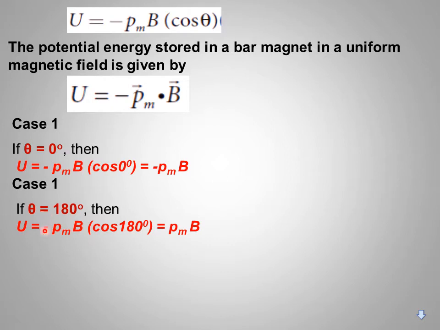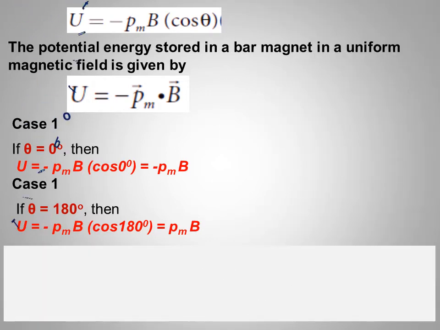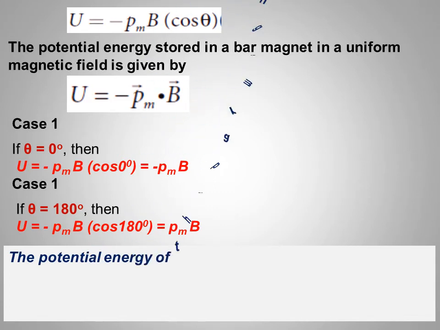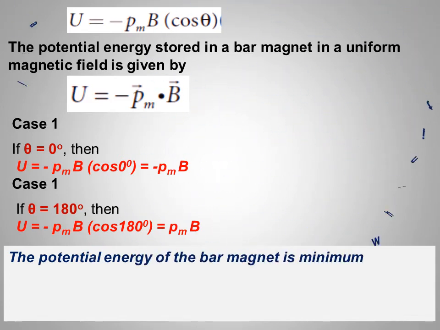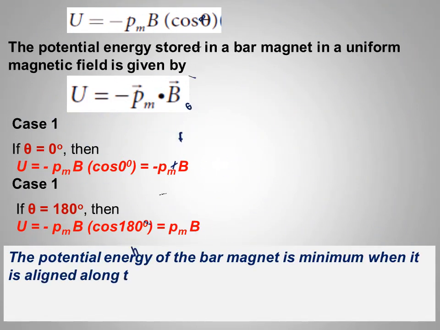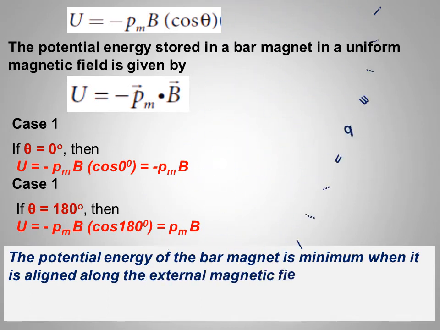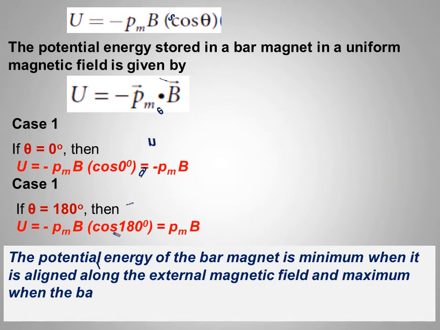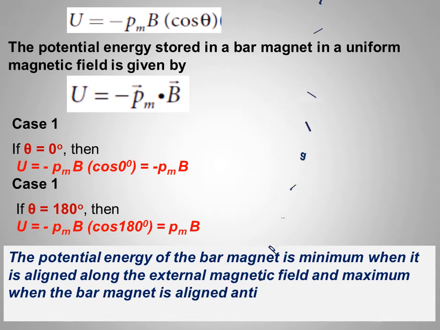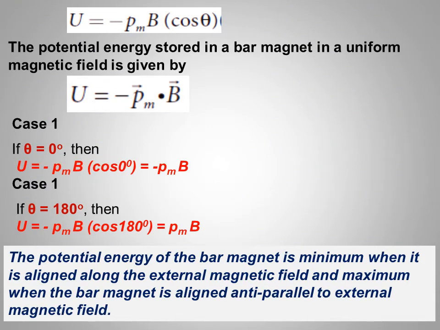Substituting this, we cancel the minus, so PmB. Now the potential energy of the bar magnet is minimum when it is aligned along the external magnetic field and maximum when the bar magnet is aligned anti-parallel to the external magnetic field.